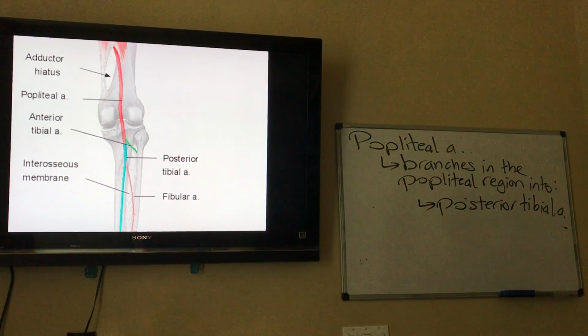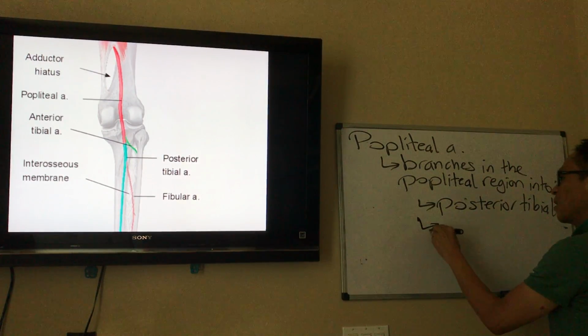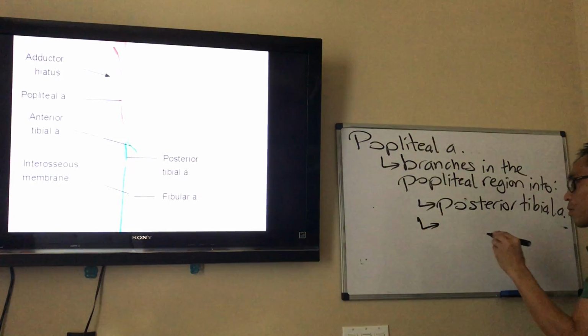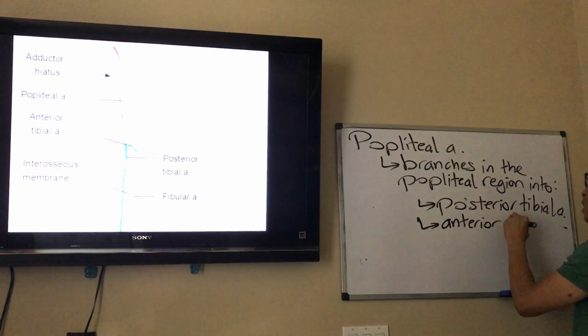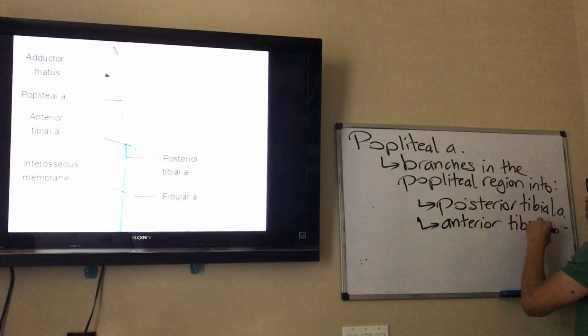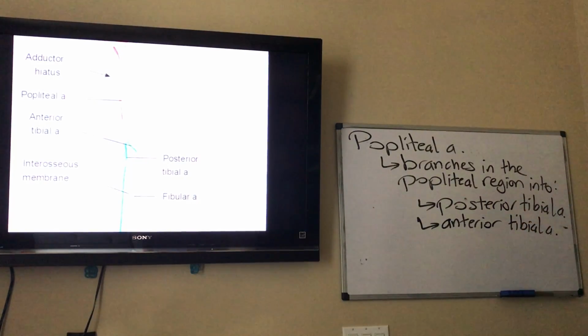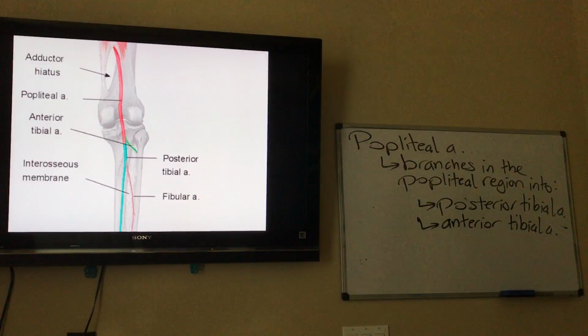Posterior leg, look for it by the tibia bone, and the anterior tibial artery. And again, the name of the blood vessel tells you where to locate it, anterior compartment of the leg.